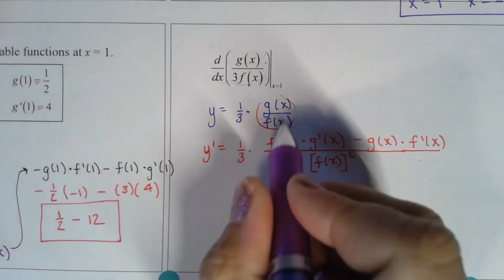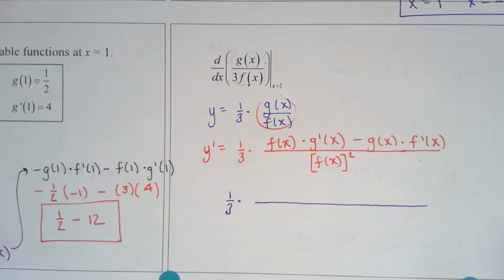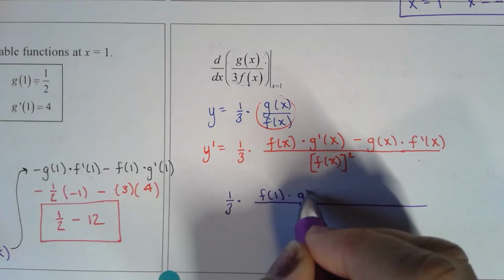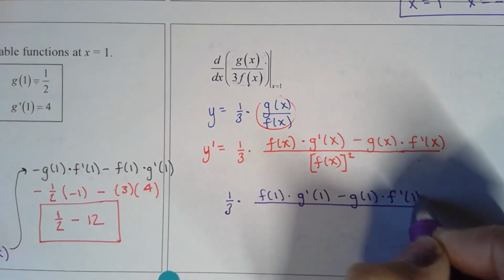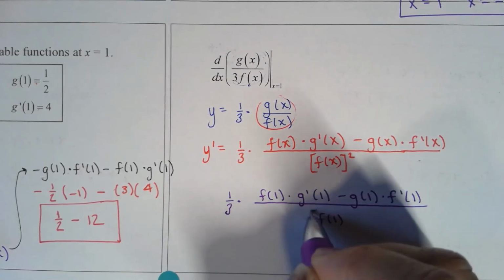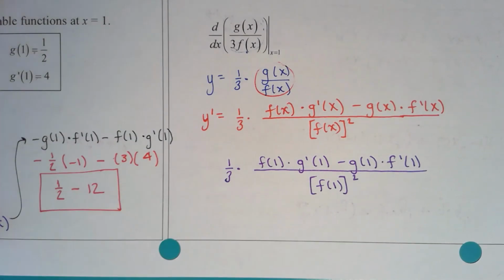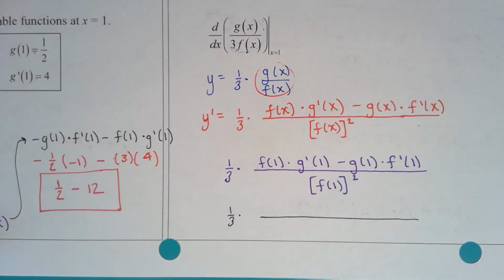All right, so here we go. We're now going to plug in our 1. So I've got that 1/3 out in front. So I want f of 1 times g prime of 1 minus g of 1 times f prime of 1 all over f of 1 squared. And now we're just going to get all those numbers from our chart.